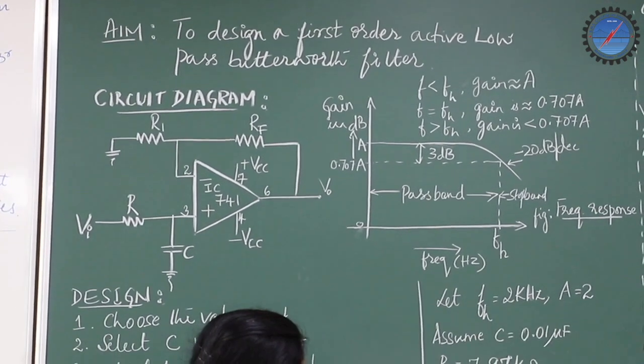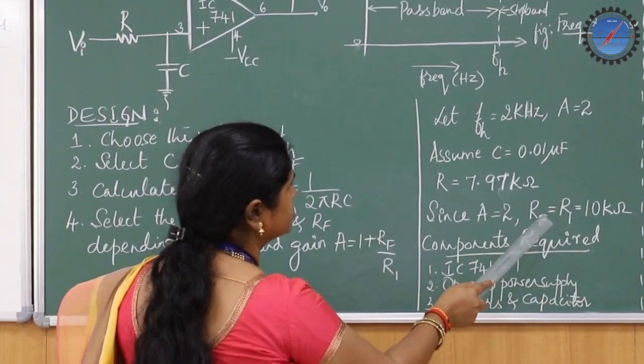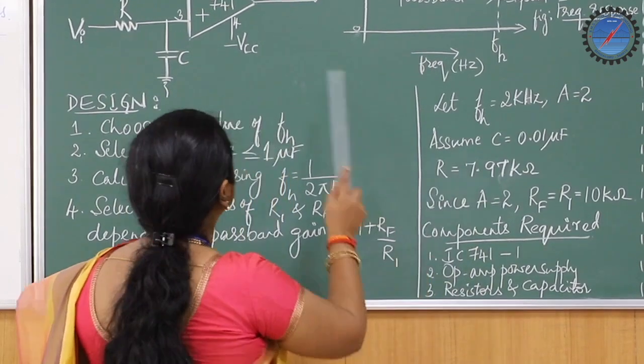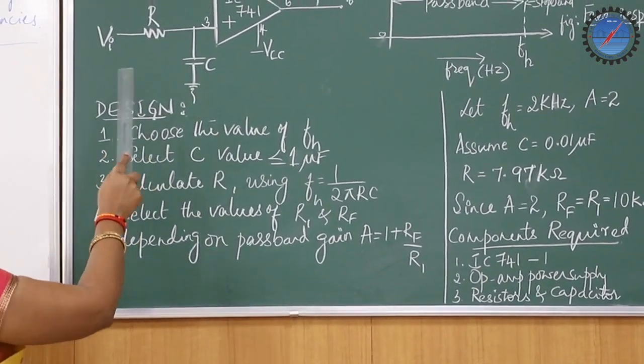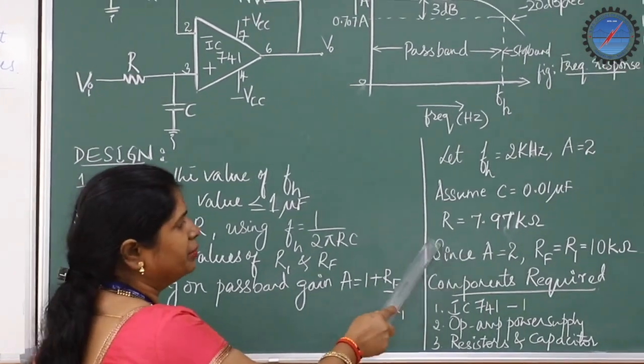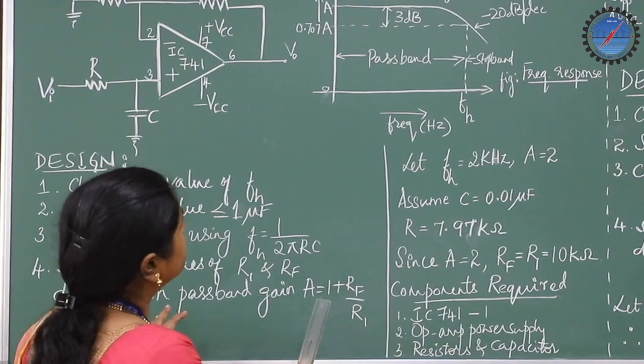Then we also need resistors and capacitors. The resistors are RF, R1, and this R, and C. Already we have mentioned the values. Okay, so this is about the design part.